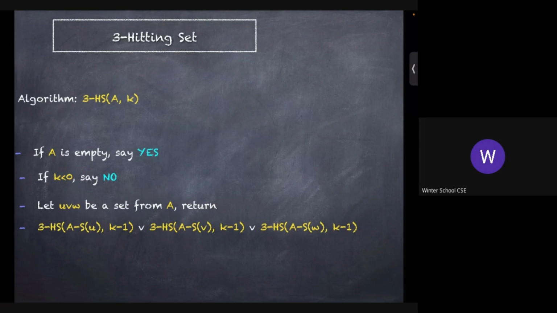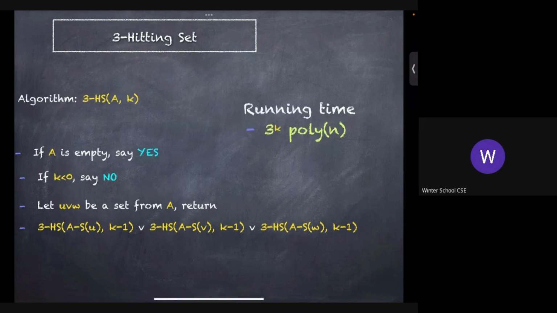I remove all sets containing element u, here I remove all sets containing element v, and here I remove all sets containing element w. In each of the instances, I reduce the parameter by 1. That's the same type of algorithm, and the running time of this algorithm is 3 to the k, right?